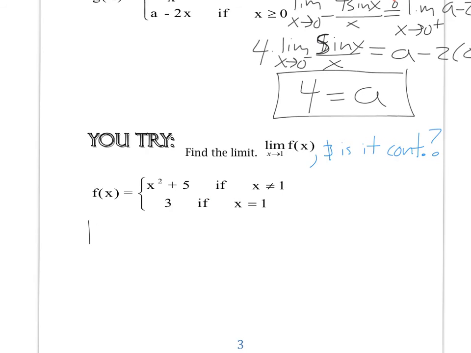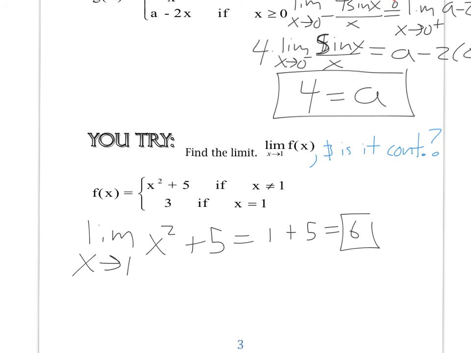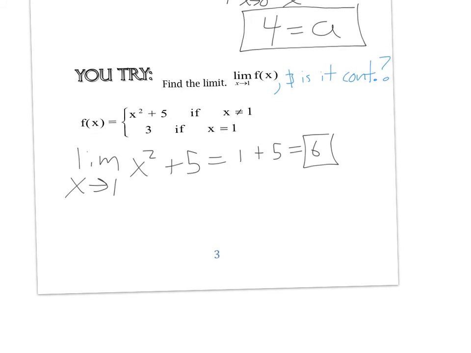So we really only need to do the limit as x approaches 1 of x squared plus 5. Well, that's really easy. We could just plug in. That's just going to be 1 plus 5, and so that's 6. Okay. But then I told you to also answer this question, is it continuous? So to explain this, let's just sketch this real quick.